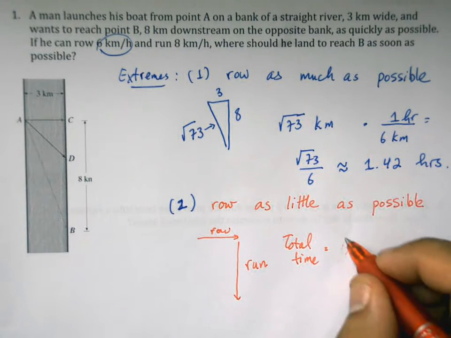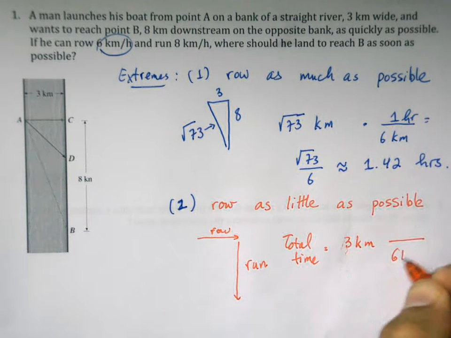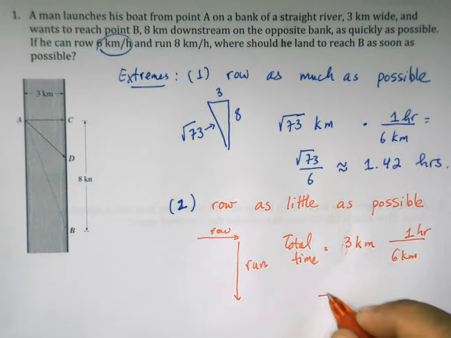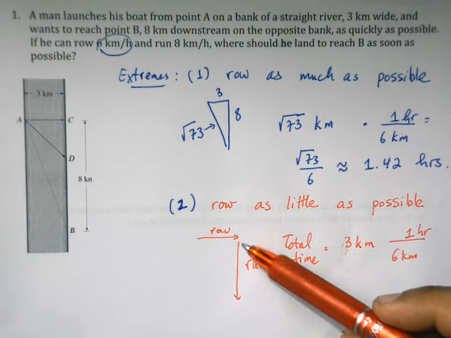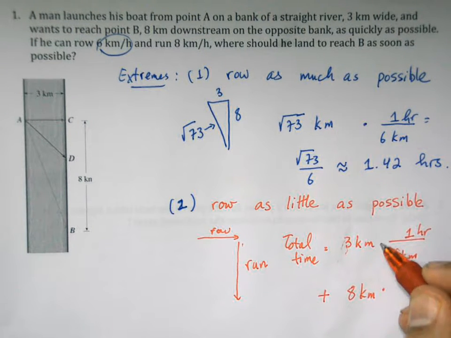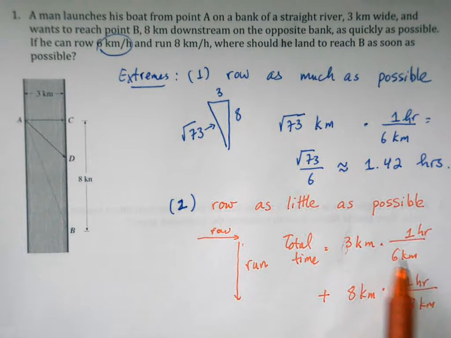That's that distance. At a rate of 6 kilometers per hour. Plus, he's going to run 8 kilometers at a rate of 8 kilometers per hour. So altogether, that's going to take him half plus 1, or 1.5 hours.